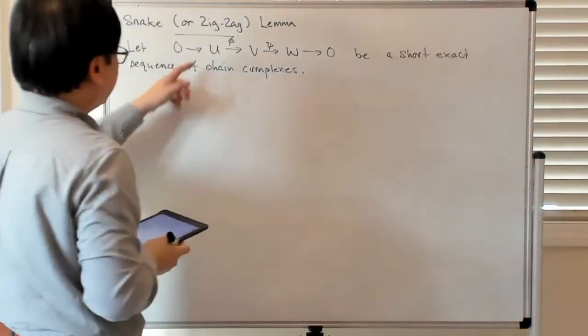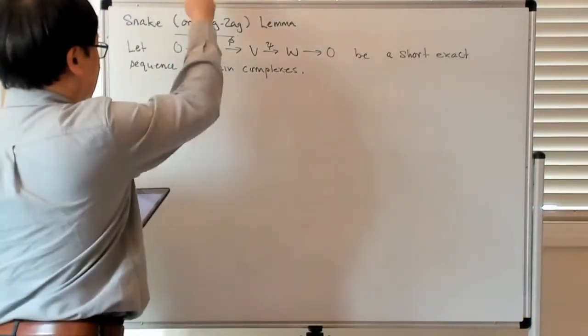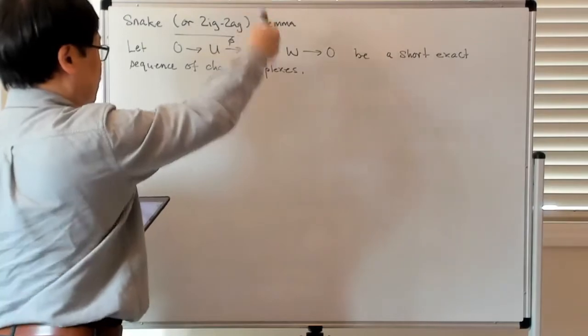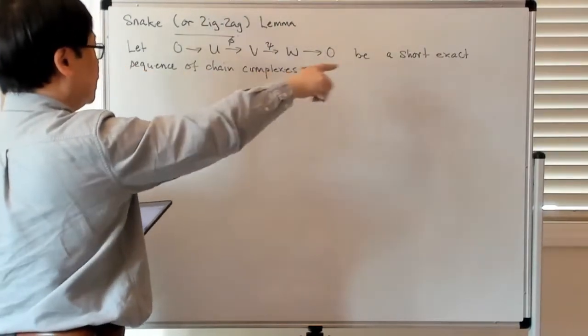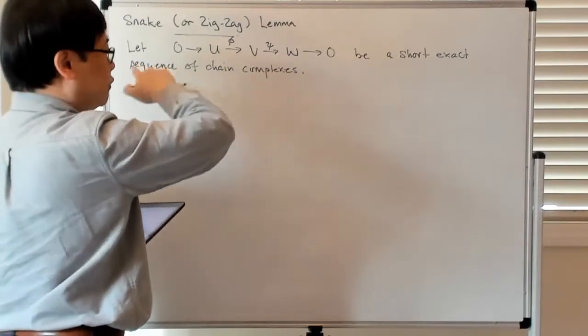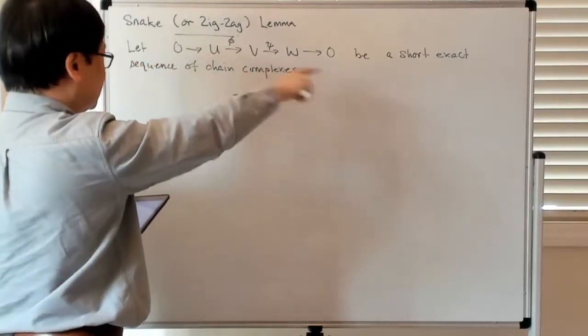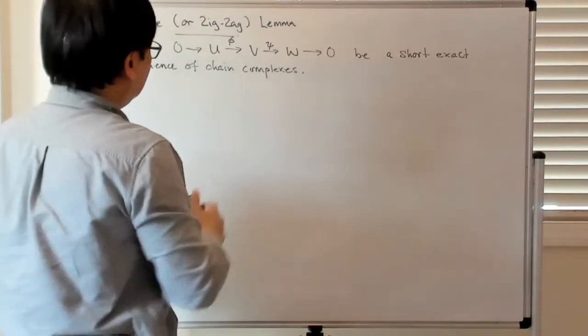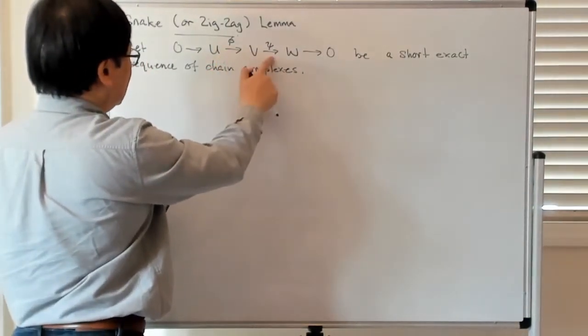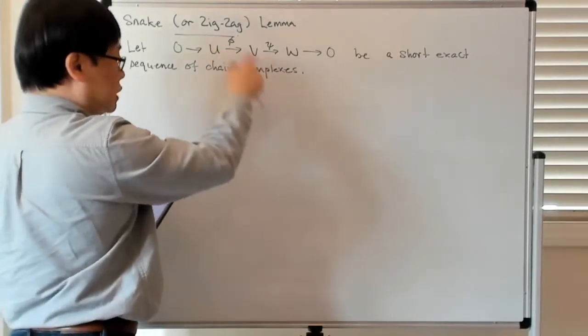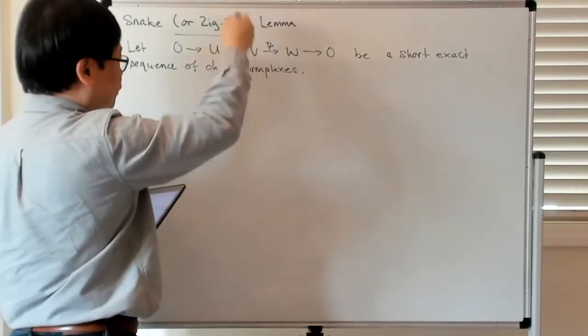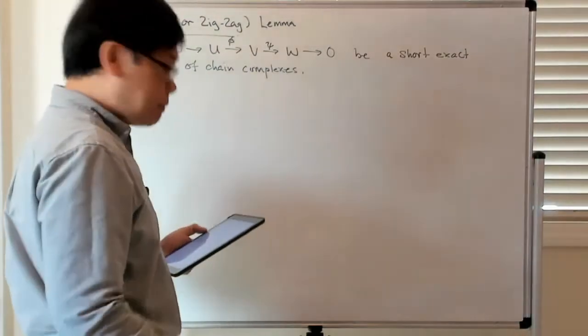If you recall, what that means is that in the vertical directions, they're individually chain complexes, right? And across horizontally, for every dimension p, that is a short exact sequence. In addition to that, these chain maps commute with the boundary operator for each of the chain complexes.